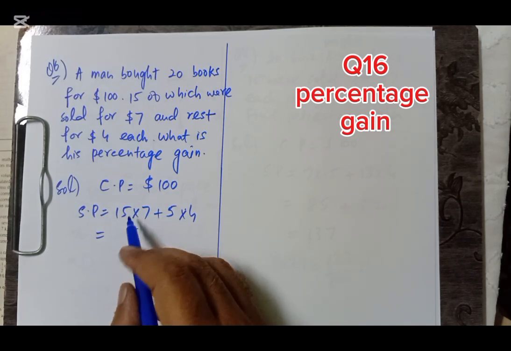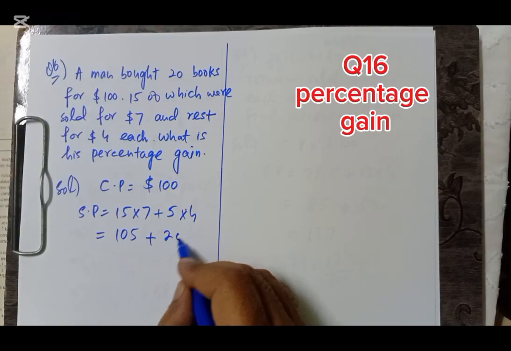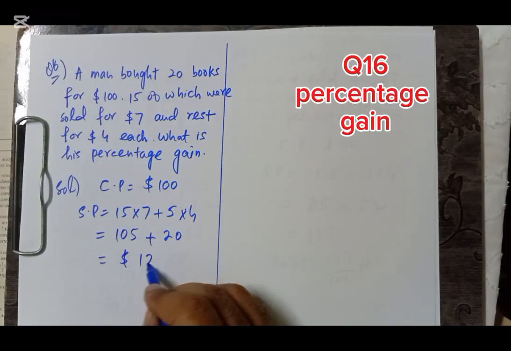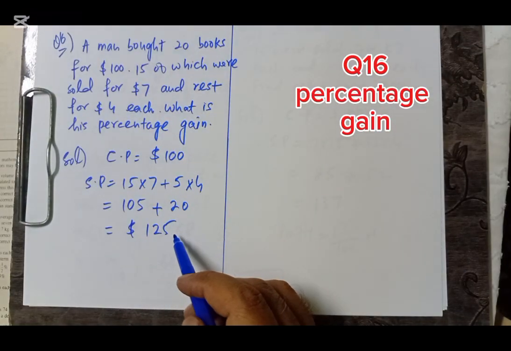7 times 5 is 35, and 7 plus 3 is 10, 105. 5 times 4 is 20. So this gives $125 sale price. Now the cost price is 100 and the sale price is 125.